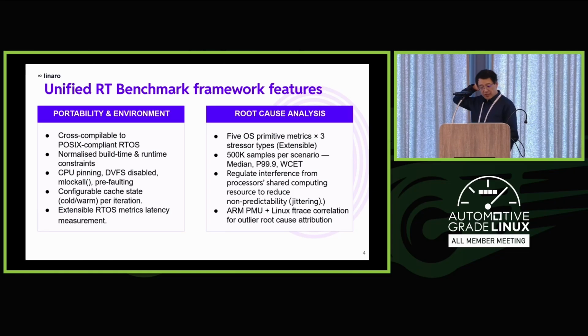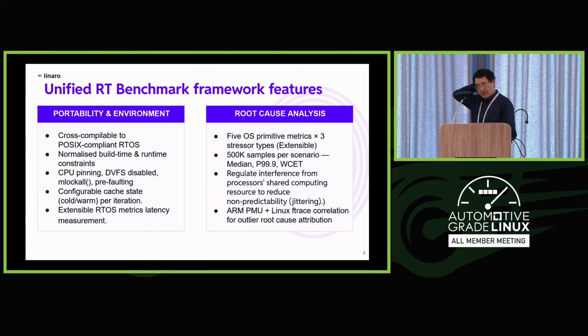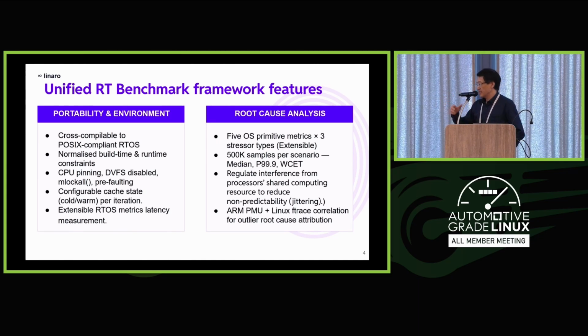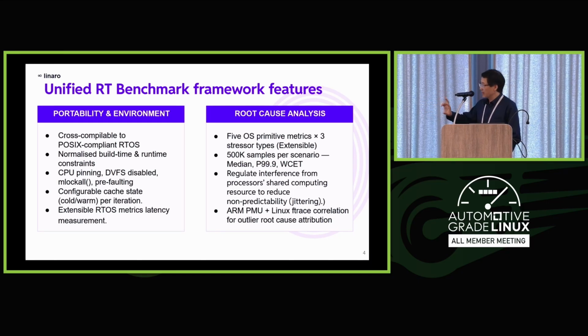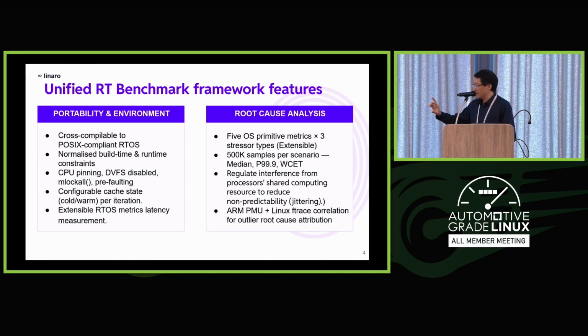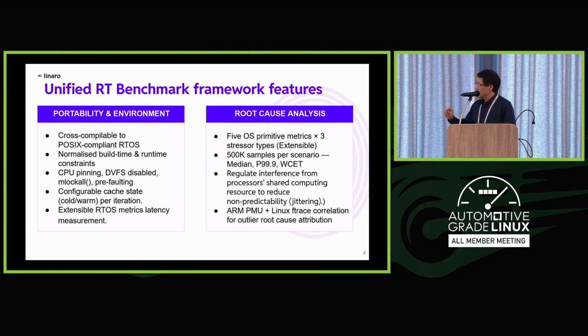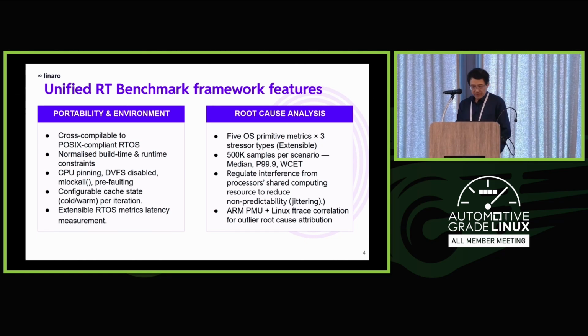We're using kernel ftrace to pinpoint, whenever an outlier happens, what kernel events are happening underneath. Is it something like an inter-processor interrupt, or is it because some raw spinlock is being held? So this is the second design goal.